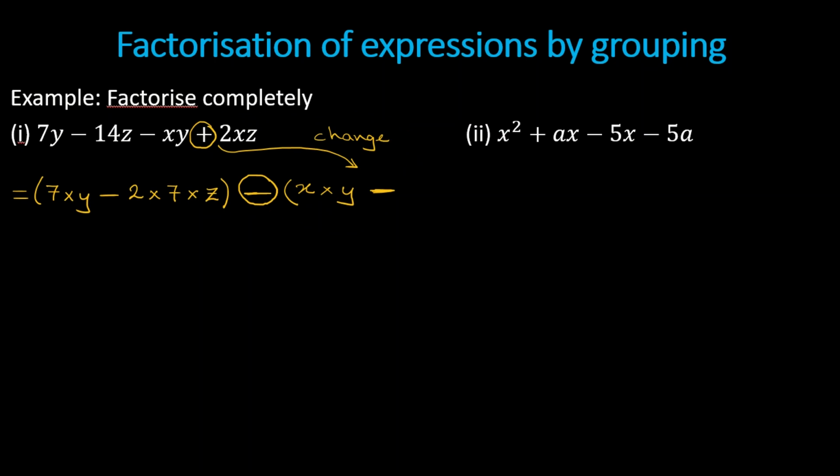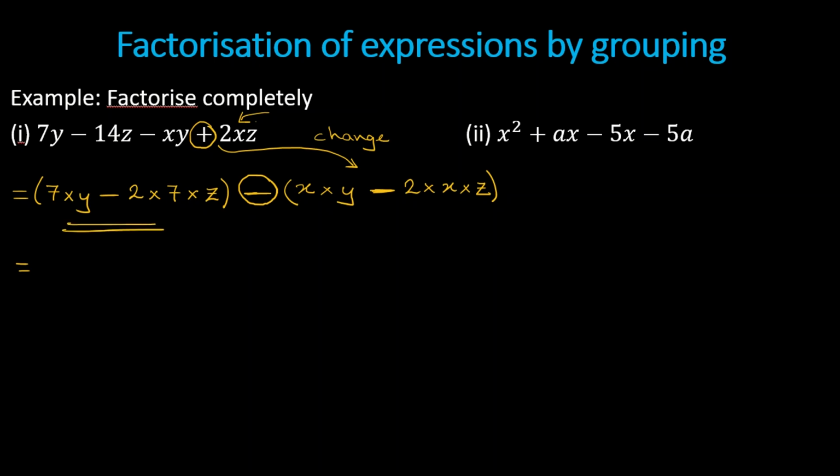And the last term is 2xz, which is simply 2 times x times z. So we continue. We take out the common factor now.